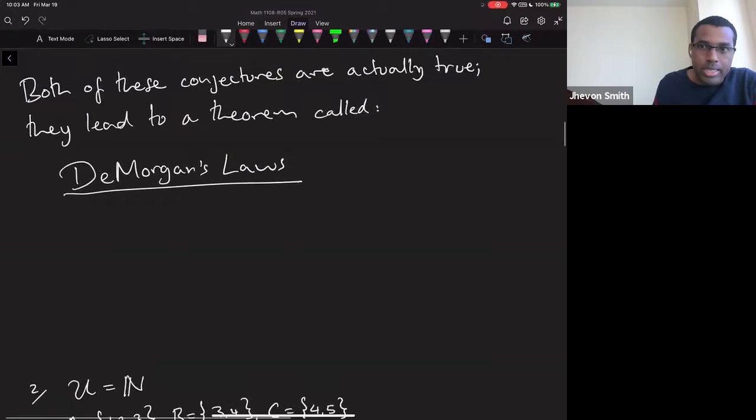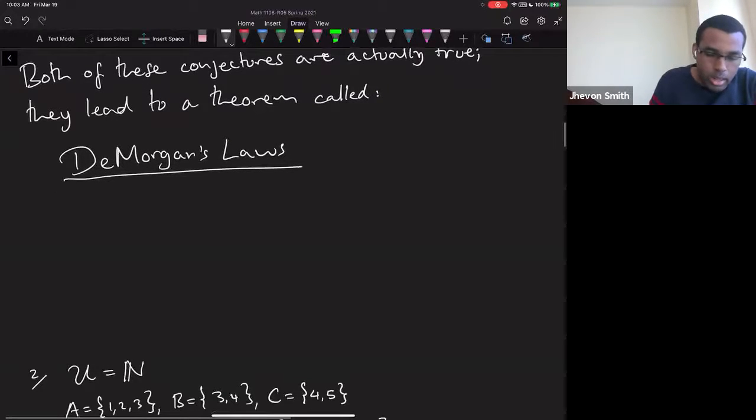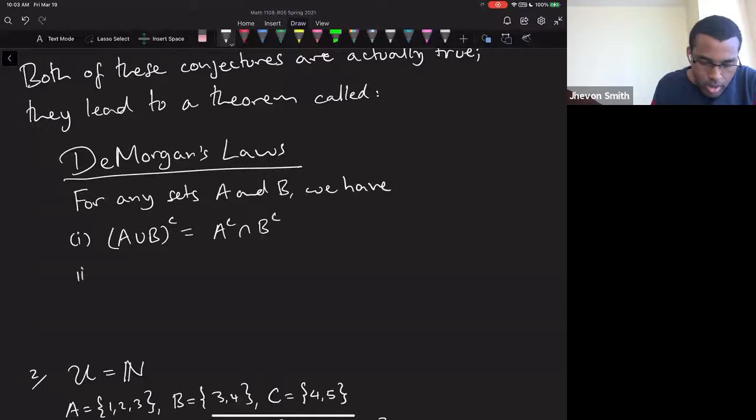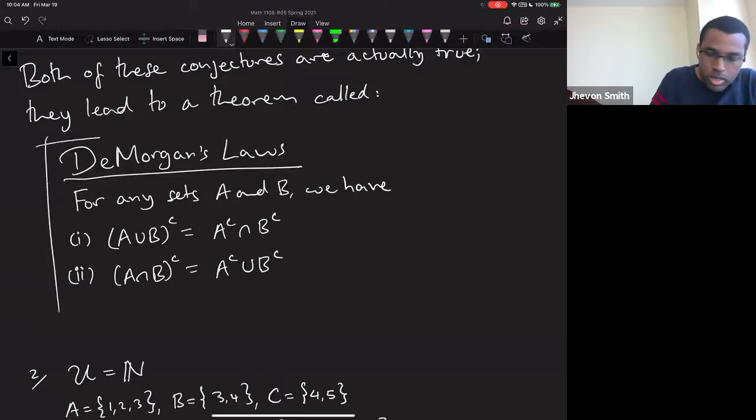You can't study set theory and not have heard about this. For any sets A and B, we have one, the complement of the union is the intersection of the complements, and two, the complement of the intersection is the union of the complements. These guys are called De Morgan's laws, very important.